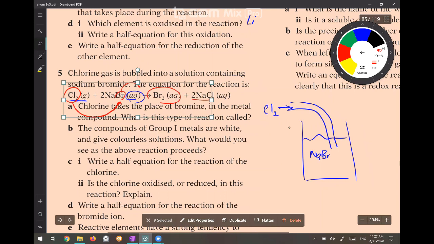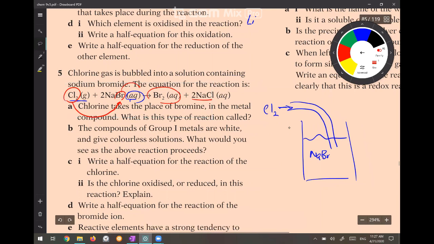Part A says chlorine takes the place of the bromine in the metal compound. What is this type of reaction called? When one thing replaces the other atom in the compound, it has a special name.